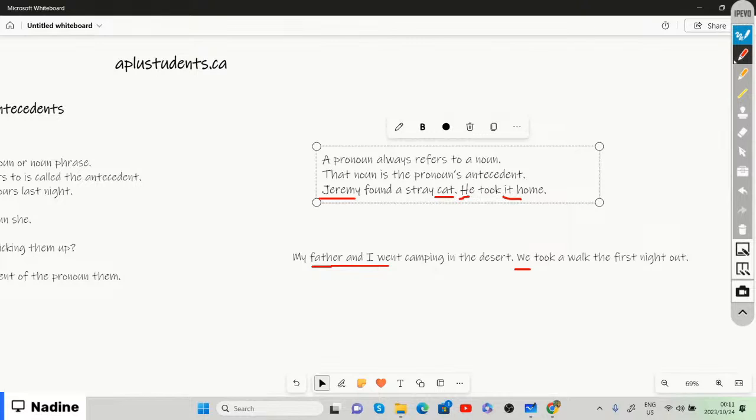All right, so now we're going to aplusstudents.ca, where we are going to learn more and get more examples of pronouns as well as antecedents.